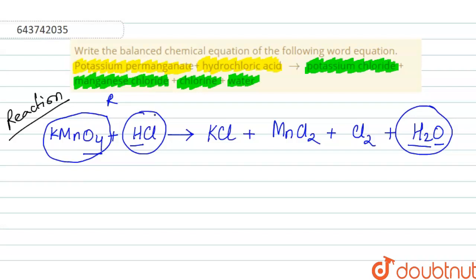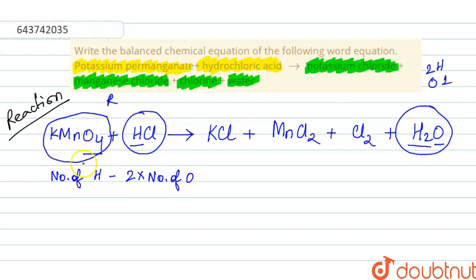Now we have to make such a change that the number of hydrogen in the reactant side becomes double the number of oxygen, because in the water molecule we see that only 2 hydrogen is present whereas 1 oxygen is present.